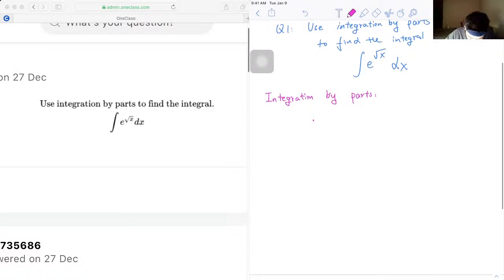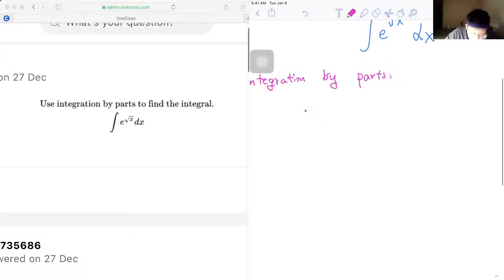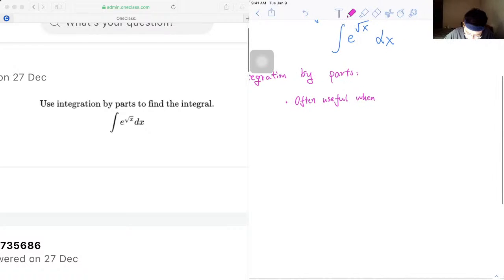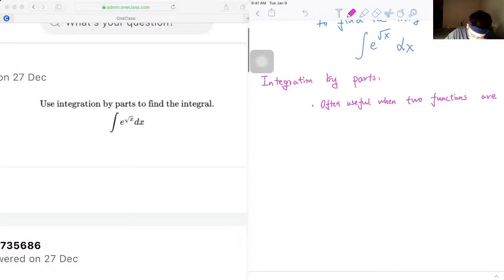So let's write the keyword down: often useful when two functions are multiplied together.